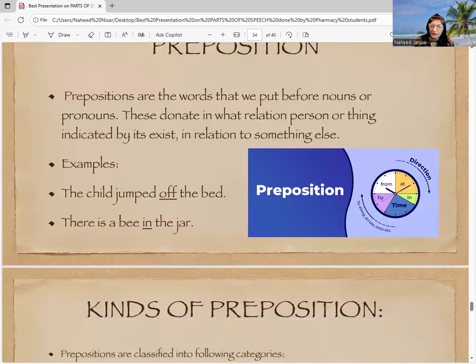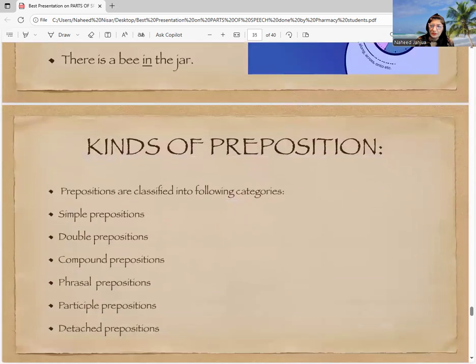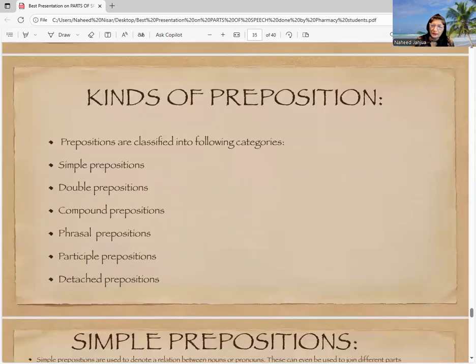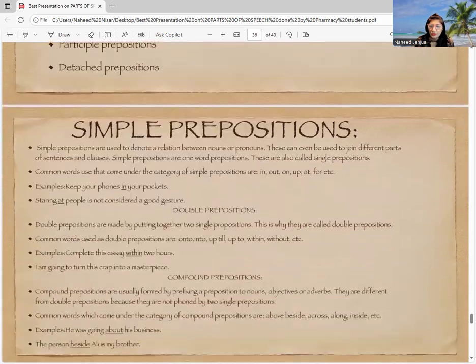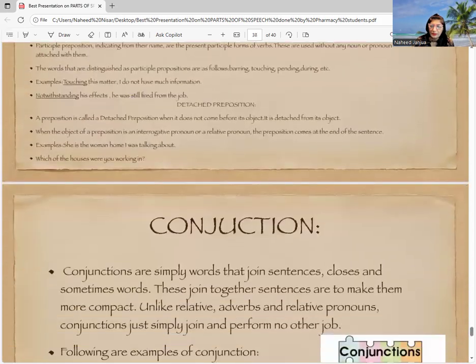Then we see that this is the slide for the prepositions. And then again, there are the types of prepositions, like simple prepositions, double prepositions, compound prepositions, phrasal prepositions, participle prepositions, and attached prepositions too. You see that there are the details.